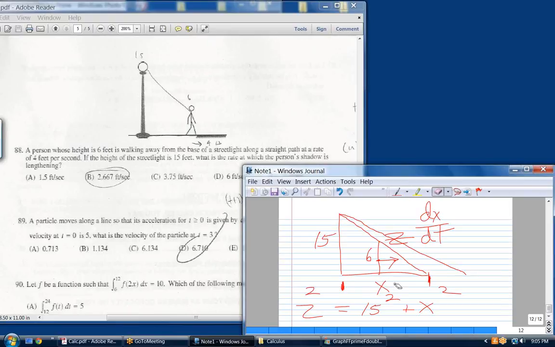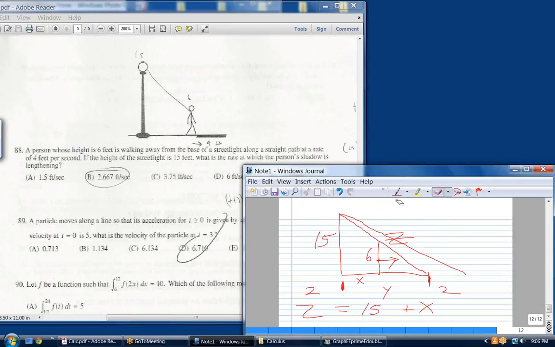Let's have two variables here. Let's have x and let's have y. For the moment, let's use two variables.